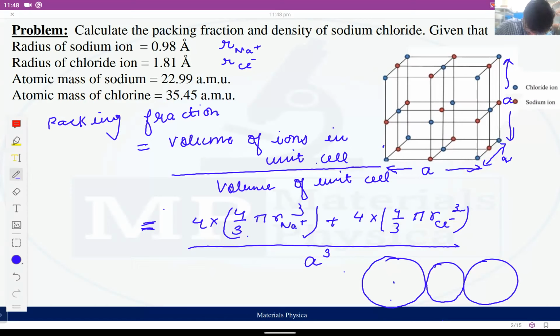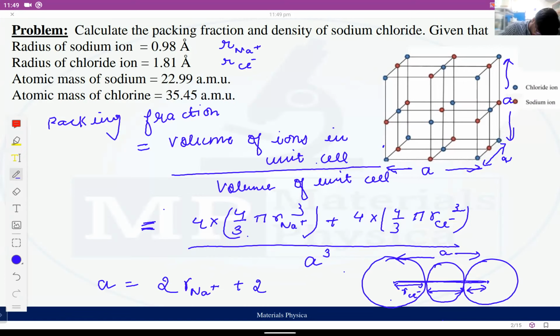This is the radius of the chlorine ion, this is the diameter of the sodium ion, which means 2 R_Na, and this is the radius of the chlorine ion, R_Cl. So a is equal to 2 times the radius of the Na plus ion plus 2 times the radius of the chlorine ion.